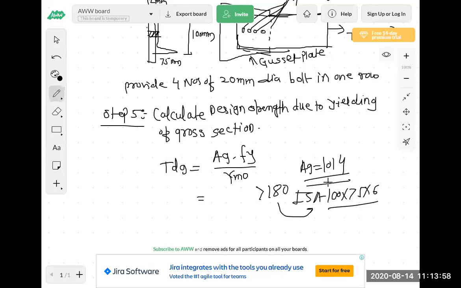The area for this section is 1014, and for this area we have to calculate the strength. Everyone, are you getting this? Whatever section we have selected, its area is the Ag here, because we are calculating the strength of this angle.